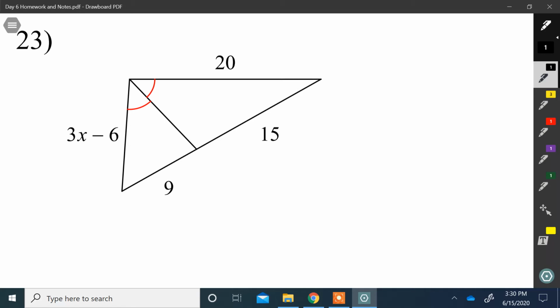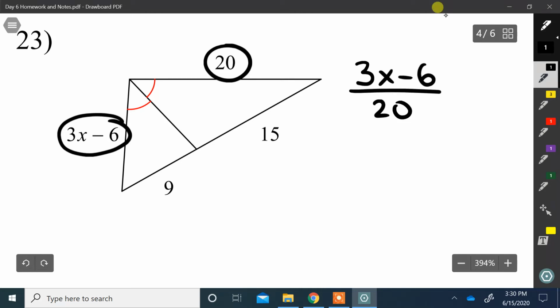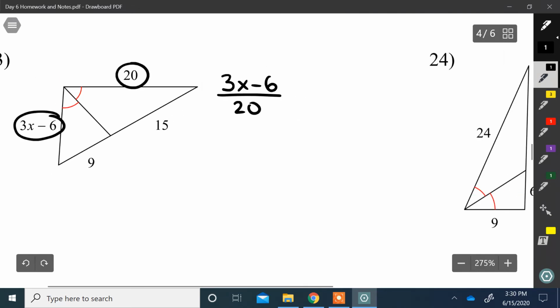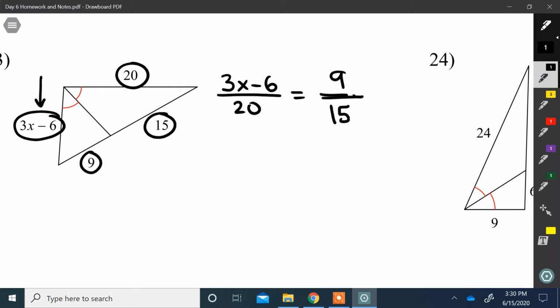Okay, so this one here, pretty easy. It's this over this, should equal, if I started with this one here, I need to start with this one as well, 9 over 15. That's what the angle bisector theorem says. Then let's go ahead and cross multiply. 15 times 3 is 45x.